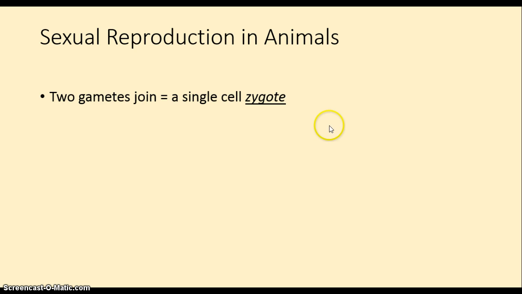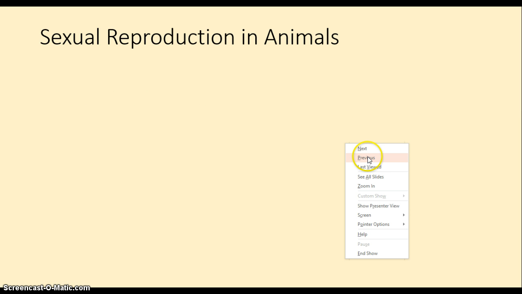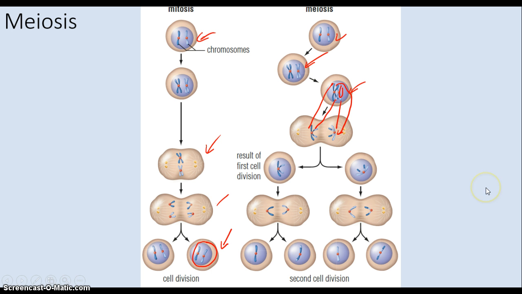So here, we can see that they've divided again, but they did not duplicate. So we're left with one chromosome in each cell. The result of this is 4 daughter cells with half the number of chromosomes as the parent cell.